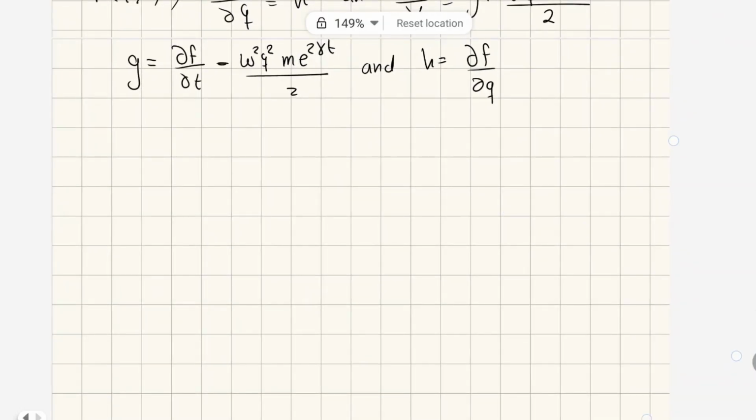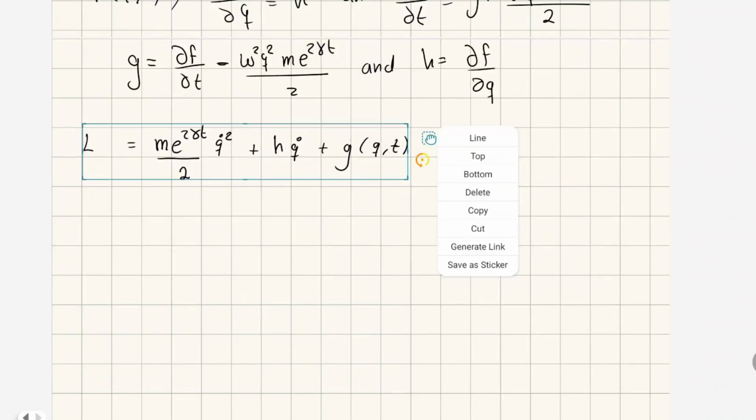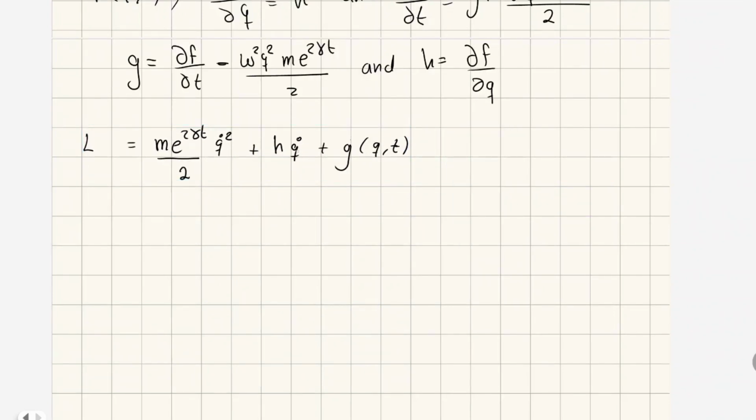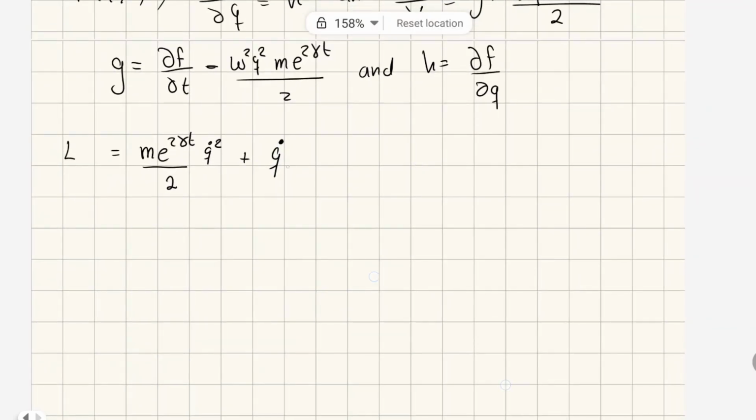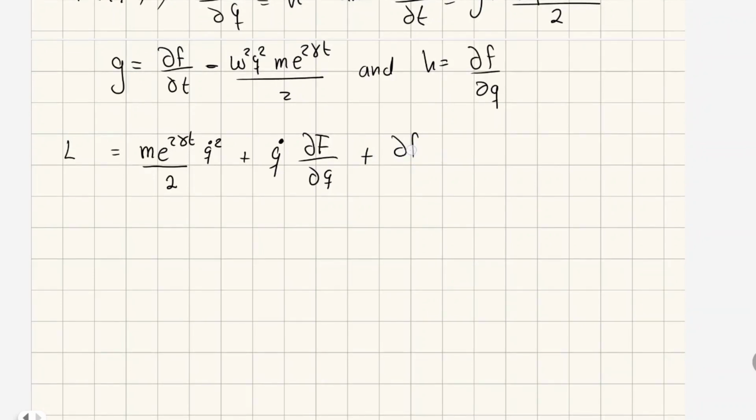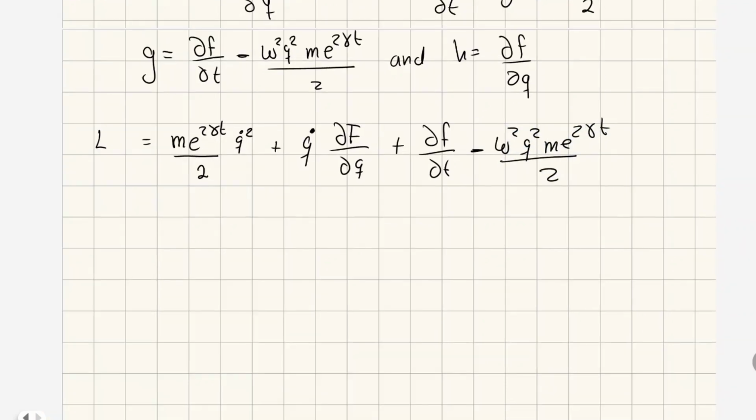Okay, so the Lagrangian is this, but we just found that this will be h as the partial of f with respect to q, and then plus g, where g is the partial of f with respect to time, minus omega squared q squared m e to the 2 gamma t over 2.